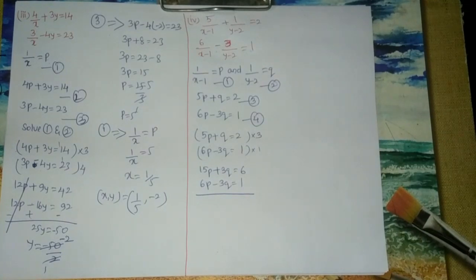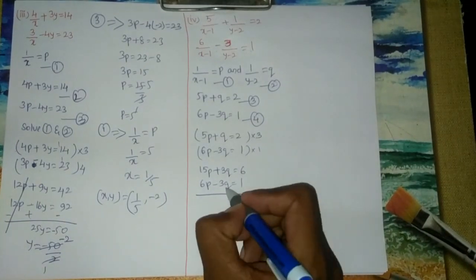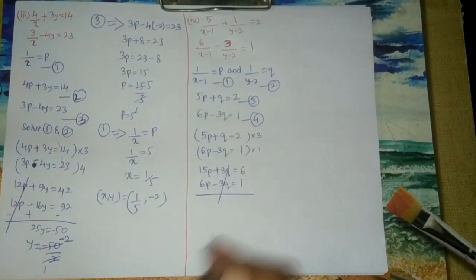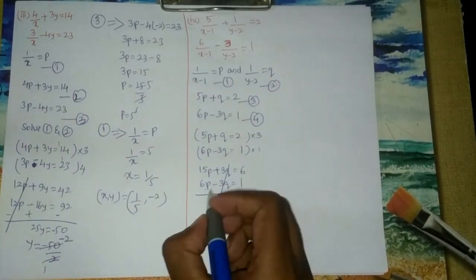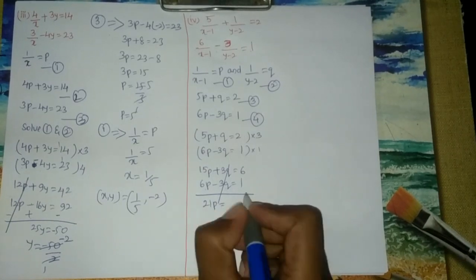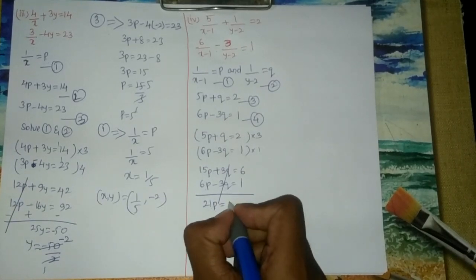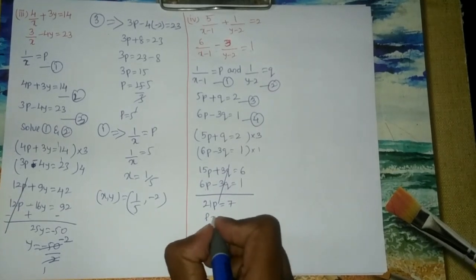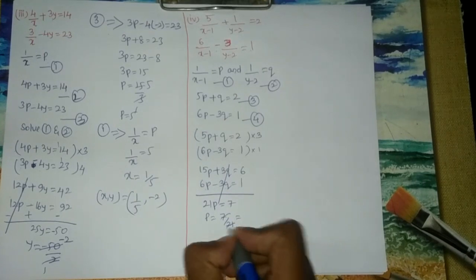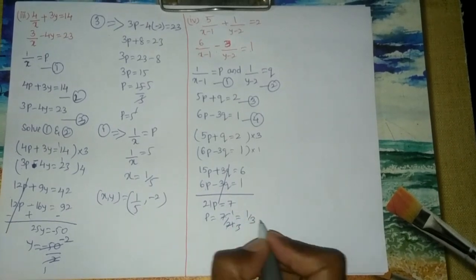No need to change the sign, because one is plus and the other is minus, so it will be eliminated directly. 15 plus 6 is 21p equals 6 plus 1 is 7, or p equals 7 by 21, which is 1 by 3. P is 1 by 3.